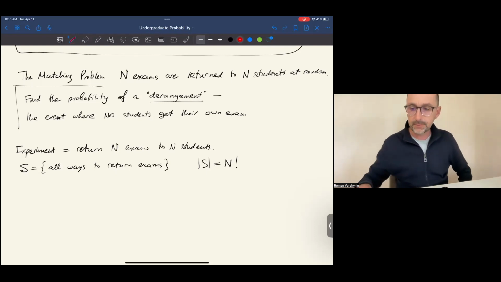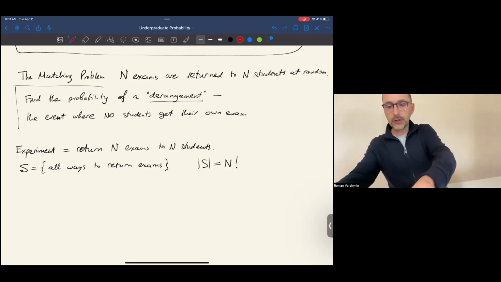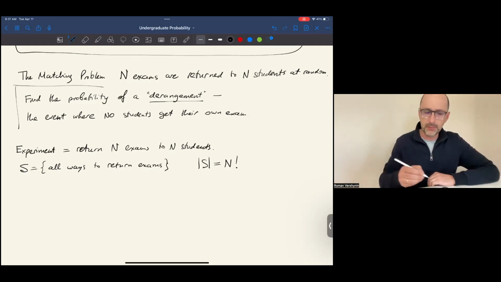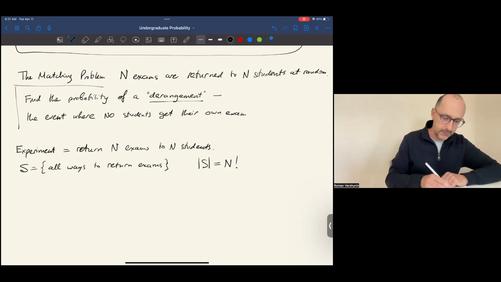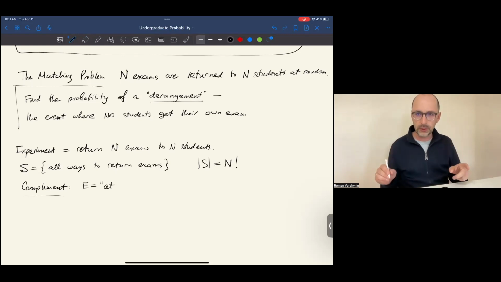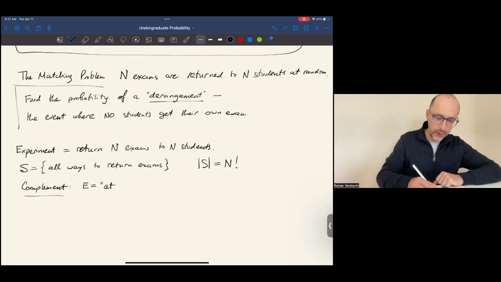We are interested in the probability of a derangement, that no student gets their own exam. It would be simpler to pass to the complement. The complement of a derangement, the complement to the event that no student gets their own exam, is the event that some student gets their own exam, at least one.